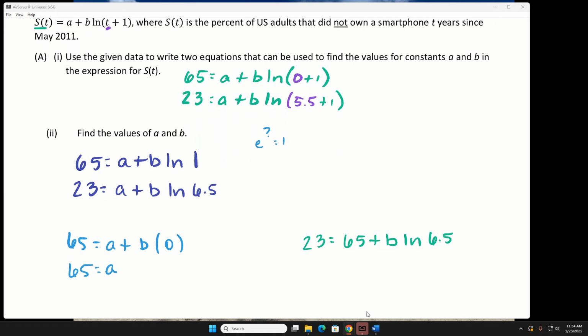All right, then I'll go ahead and subtract the 65. All right, and then you can find the natural log of 6.5 in the calculator.